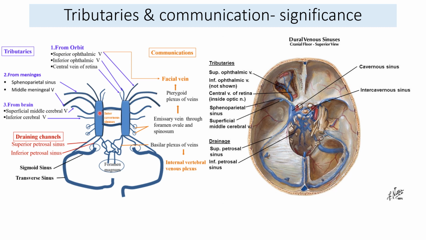Apart from the cavernous sinus, the other sinuses can also get thrombosed because of the communication of those venous sinuses with the extracranial veins.